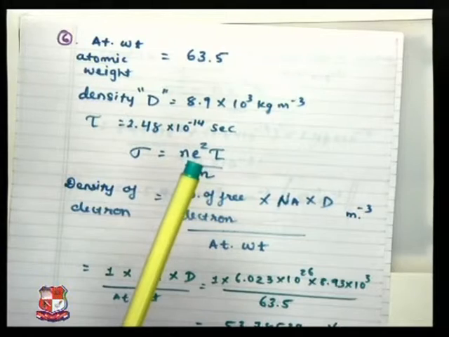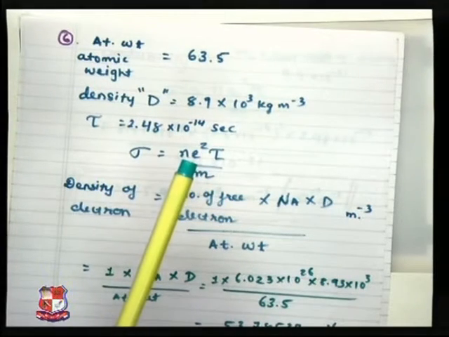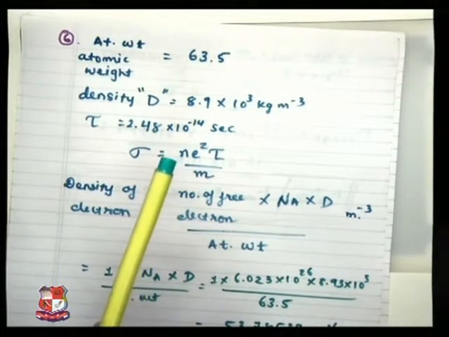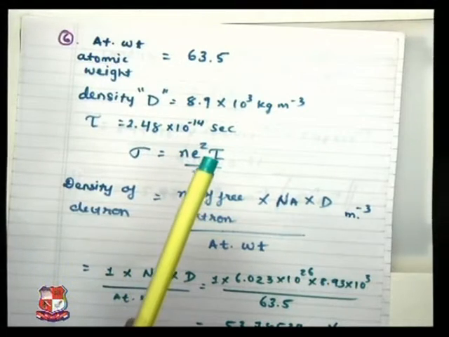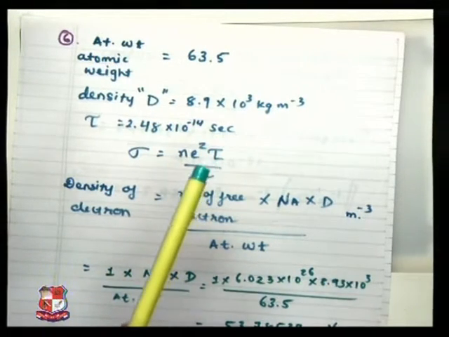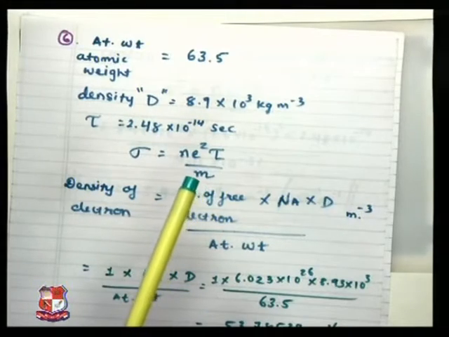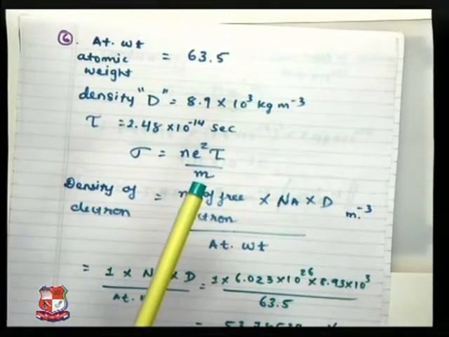E represents the magnitude of charge, that is 1.6 into 10 raised to minus 19, tau represents the relaxation time, and m represents the rest mass of an electron.